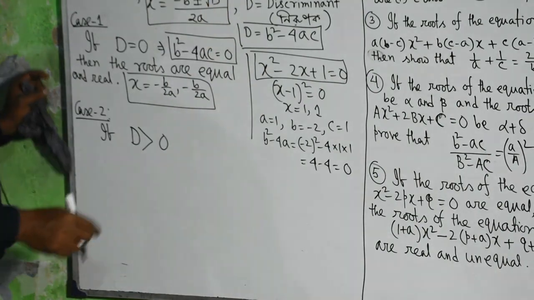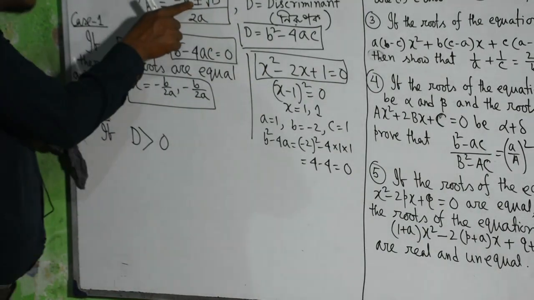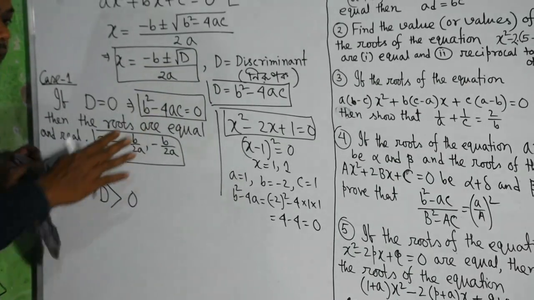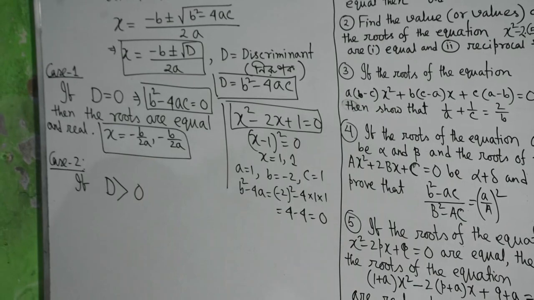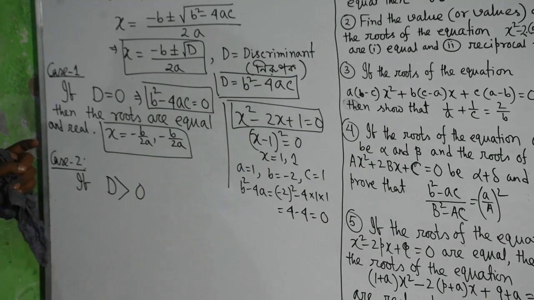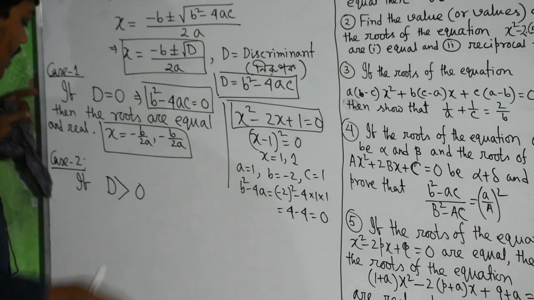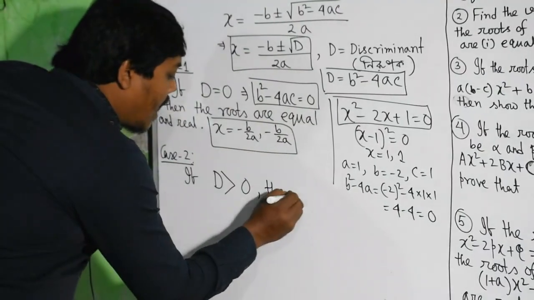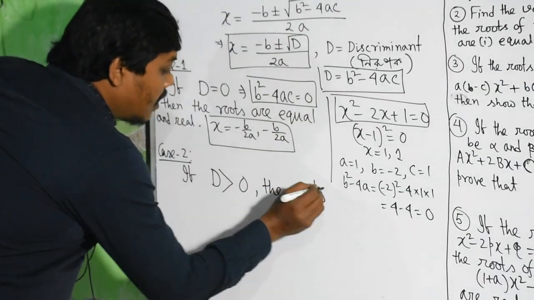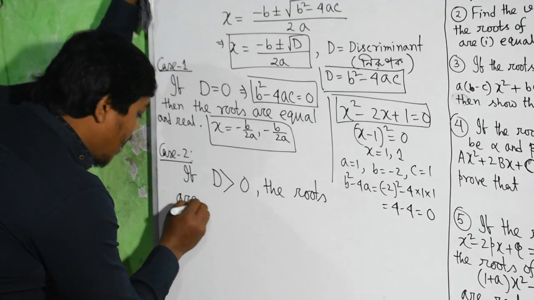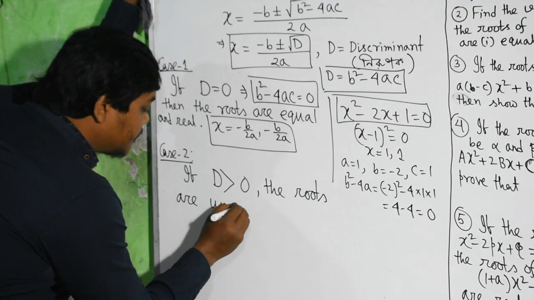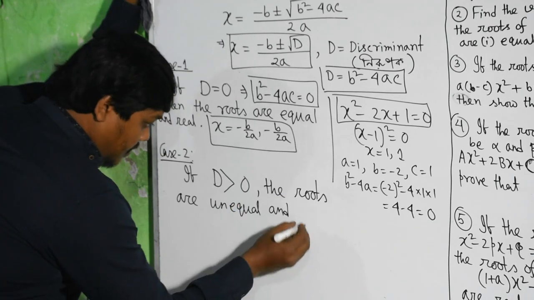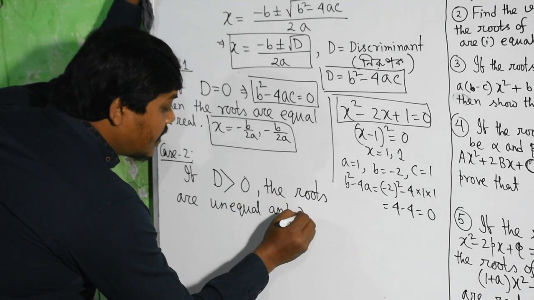So we will get two roots, one with the plus sign and another with the negative sign. So we will get two distinct roots, and also they are real because the number is real. So if D is greater than 0, the roots are unequal and real.